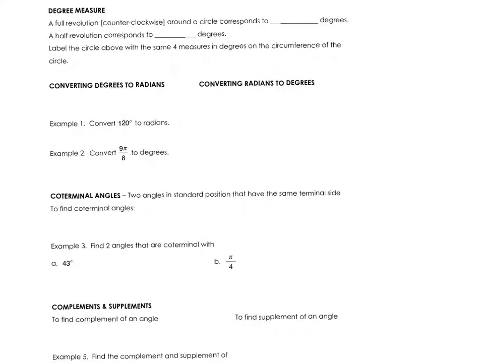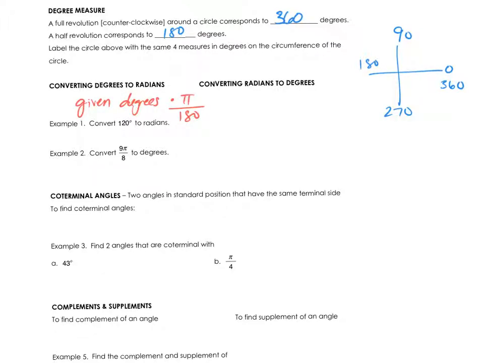In radian measure, a full revolution counterclockwise is 2 pi, but in degrees, a full revolution around the circle corresponds to 360 degrees. A half revolution corresponds to 180 degrees. So, if we were going to label the same circle above, we would have 0, 90, 180, 270, and then back to 360 degrees.